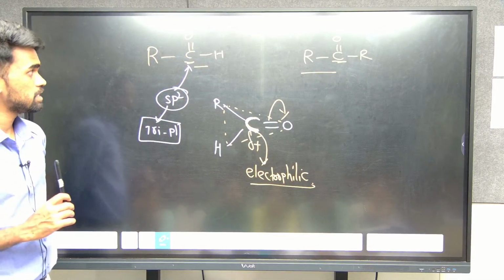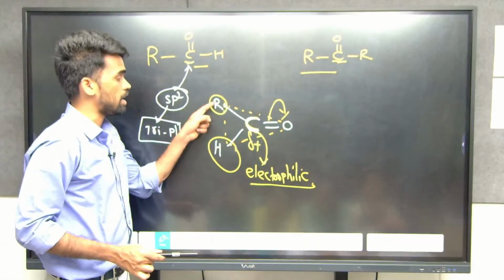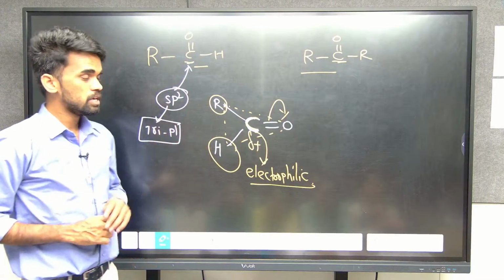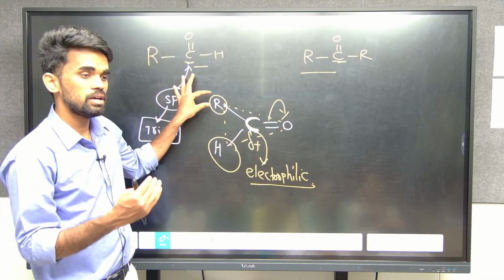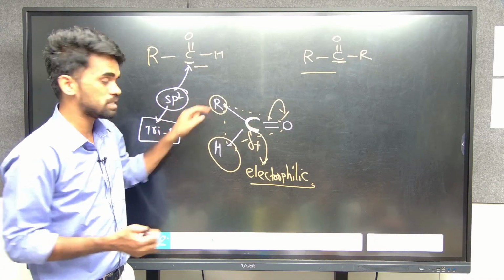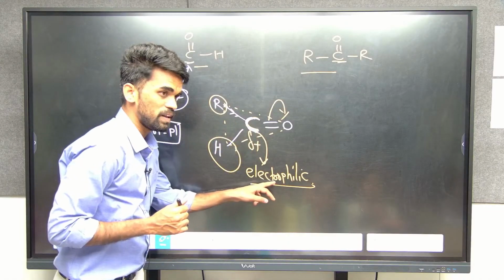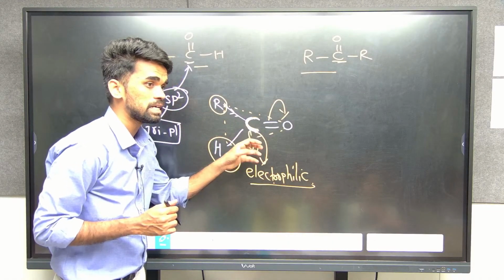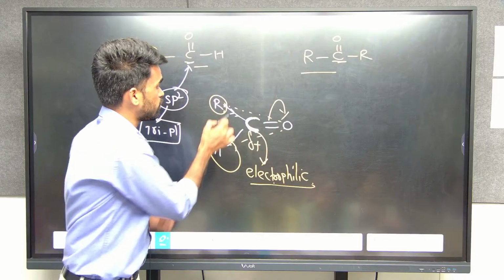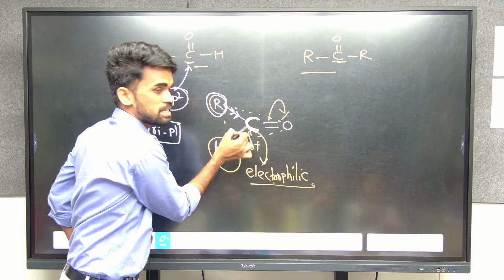Now, what type of groups are attached to it? One is alkyl group, another hydrogen. We know alkyl group means electron releasing group, so it releases electrons to the carbon side. The carbon is electrophilic, and electrophilic means it requires electrons. If we attach alkyl groups, they release electrons and stabilize this carbon.